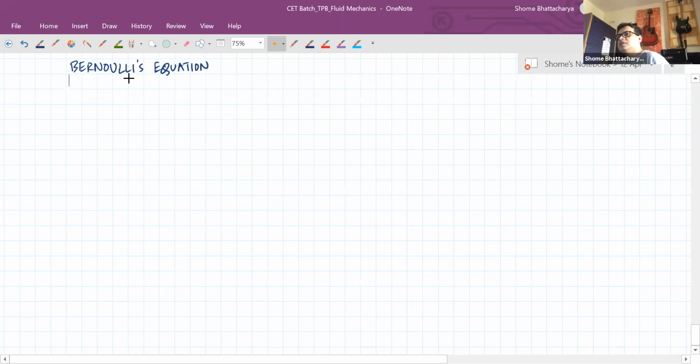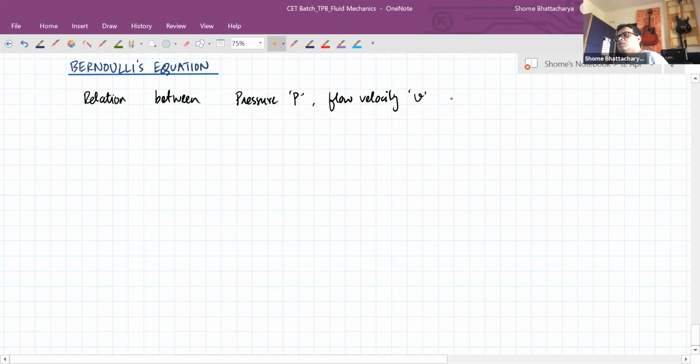Okay, so this is an equation that relates the following quantities: pressure, flow velocity, and height with respect to some reference level.